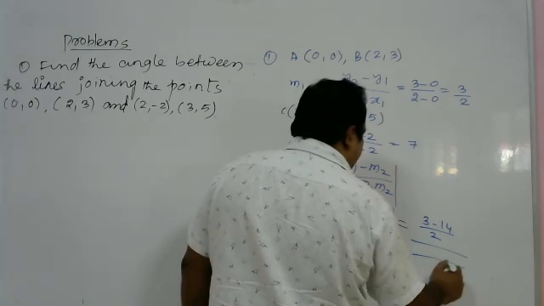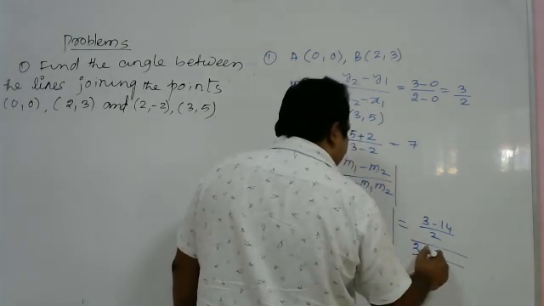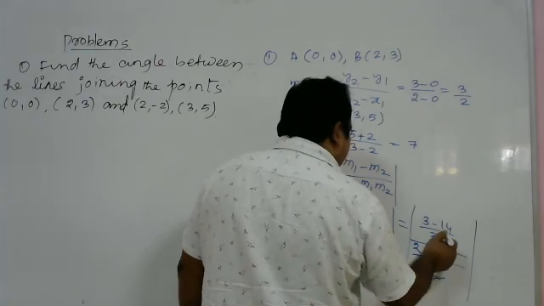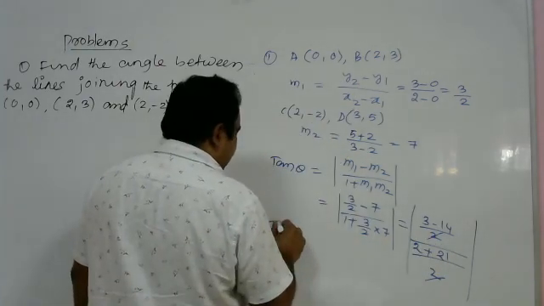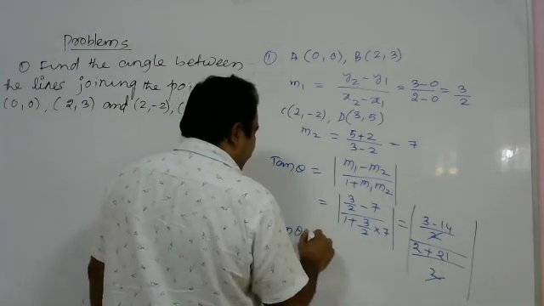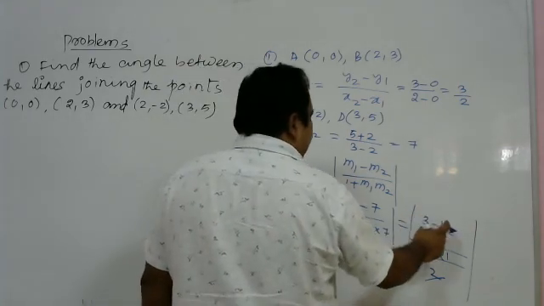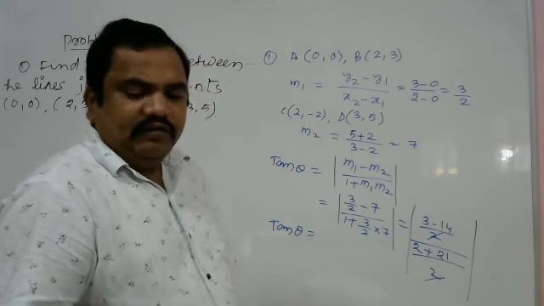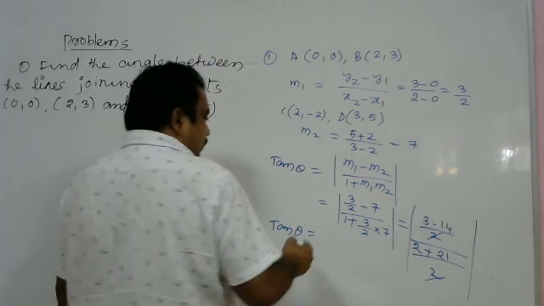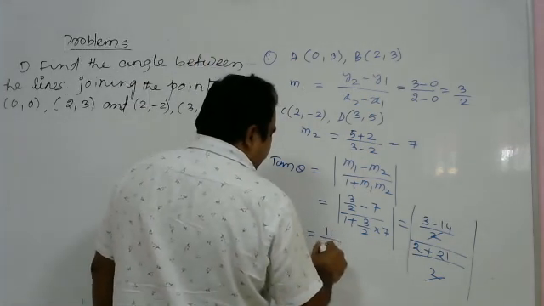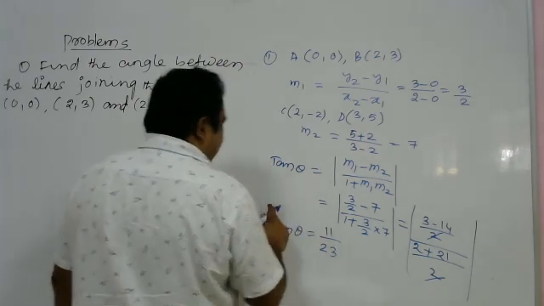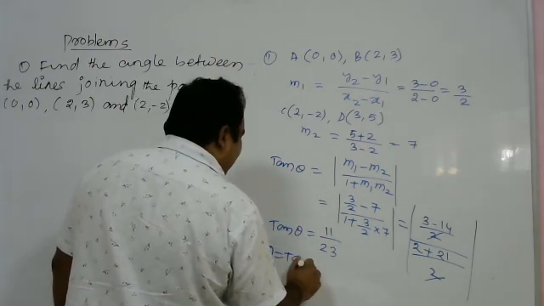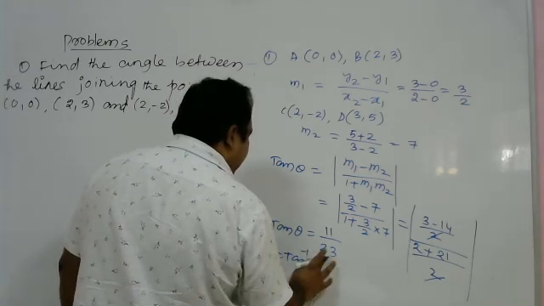Here also 2 is the LCM, so 2 plus 21, divided by 2. The 2s cancel. Therefore tan theta equals modulus of 3 minus 14, that is modulus of minus 11, but it should be plus only, 11 by 23. So when we remove tan, we write tan inverse of 11 by 23.